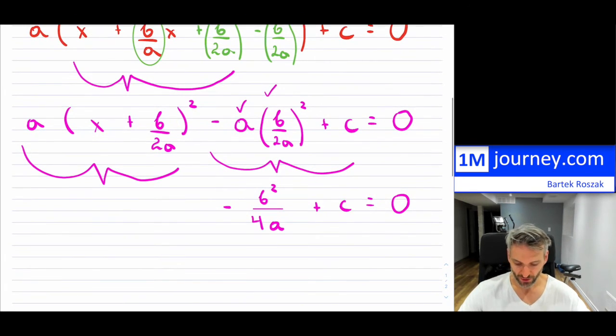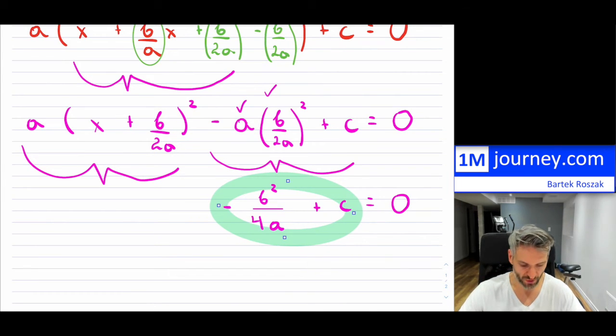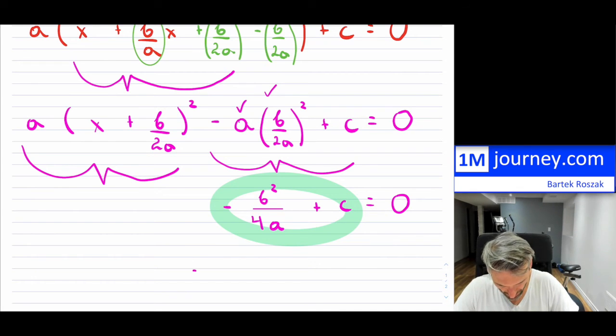Now, to solve for x, I'm going to move this entire thing right there to the right-hand side. So on the right-hand side, what I'm going to get now is b squared all over 4a minus c.